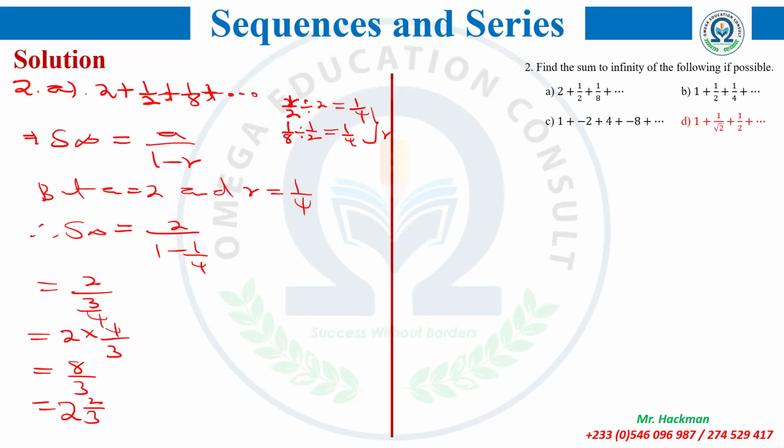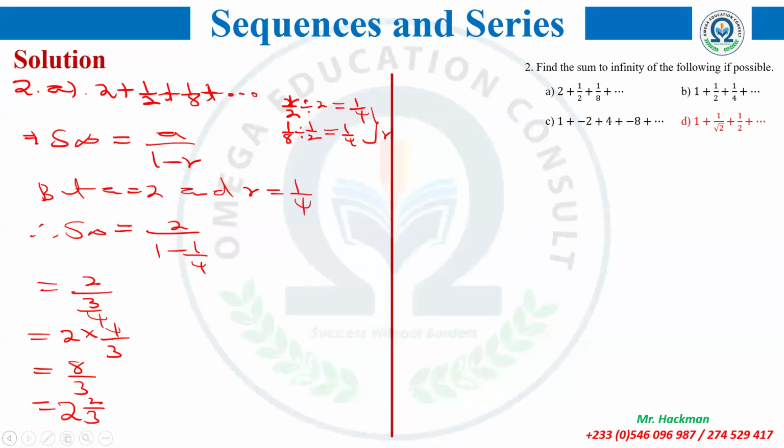Now, if that's the case, then we are more than good to go. Okay, so now let's see what we are going to get for the last one, the one we didn't do for the other one. So let's first of all find out whether there is a common ratio here.